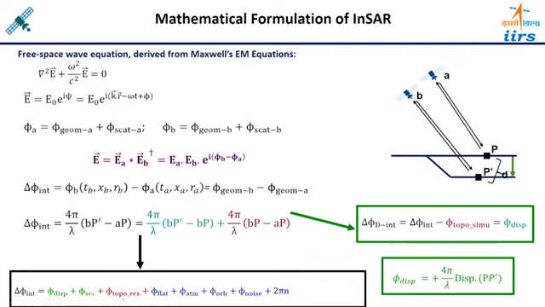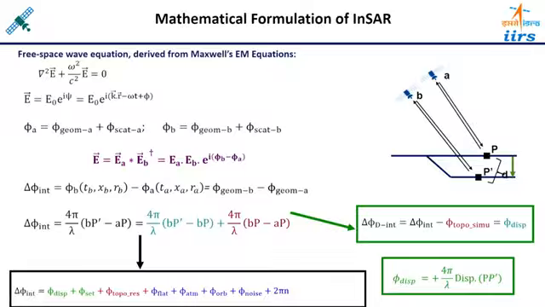This is phi SET, called the solid earth tide phase, this is the flat earth phase, this is the atmospheric phase, this is the orbital phase, this is some noise, and this is 2 pi n, where n is an integer. The calculation of n is also very difficult, and it is called the phase unwrapping term.